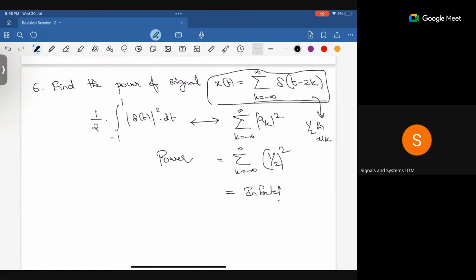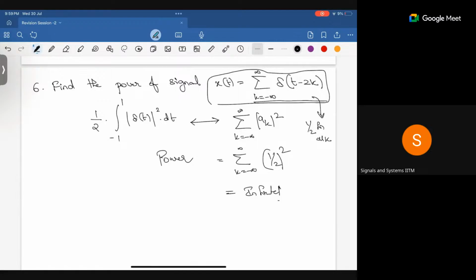Right? So did I write... just a second, even I'm getting confused here. Did I write the correct expression for Parseval's theorem? This is Parseval's theorem, no?